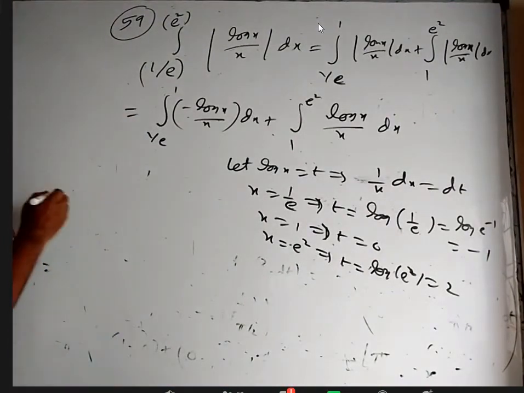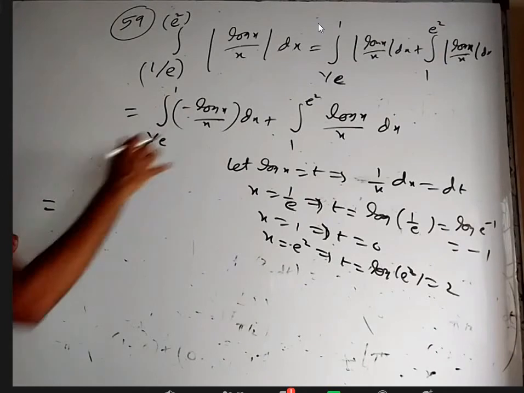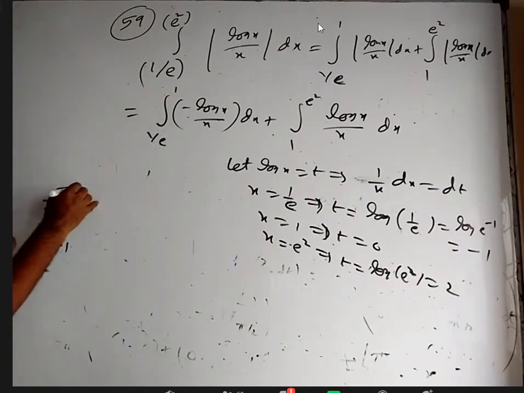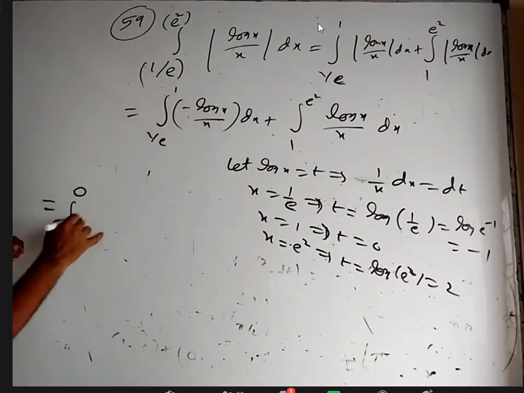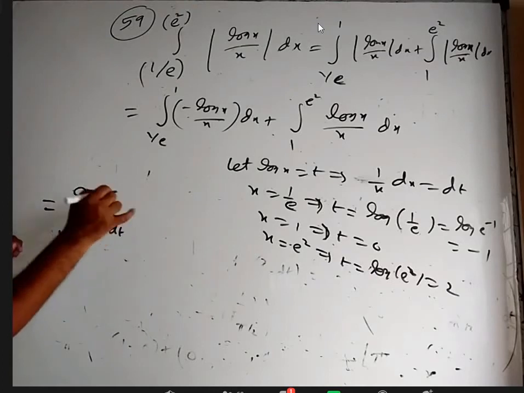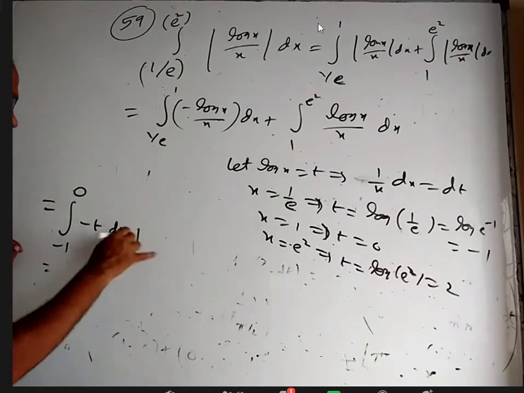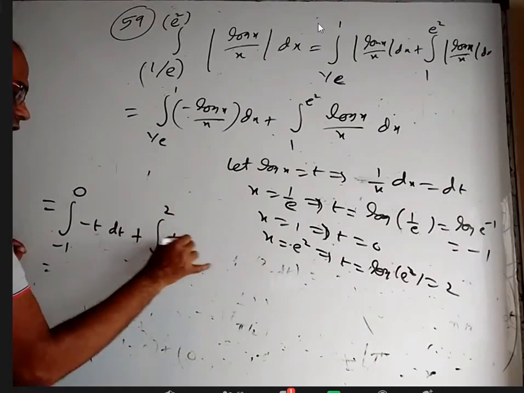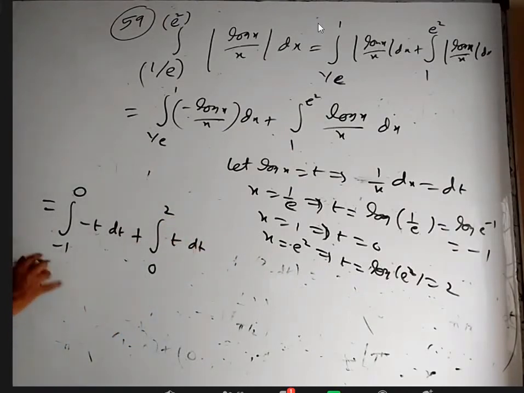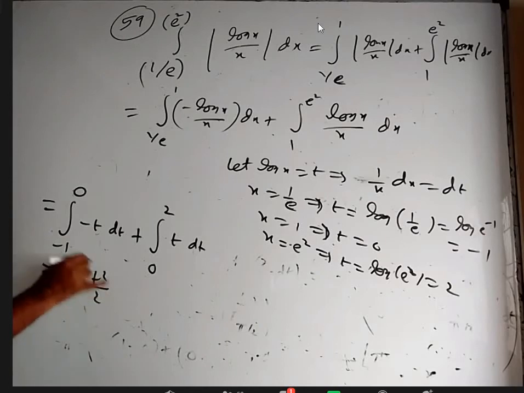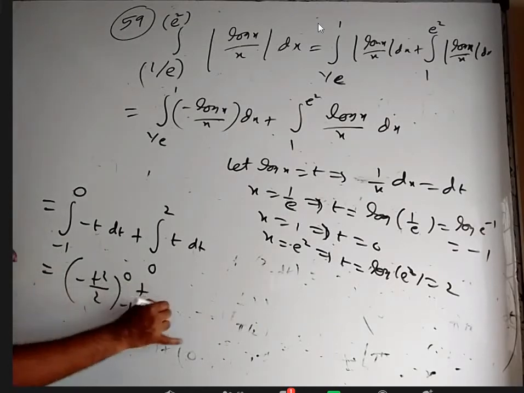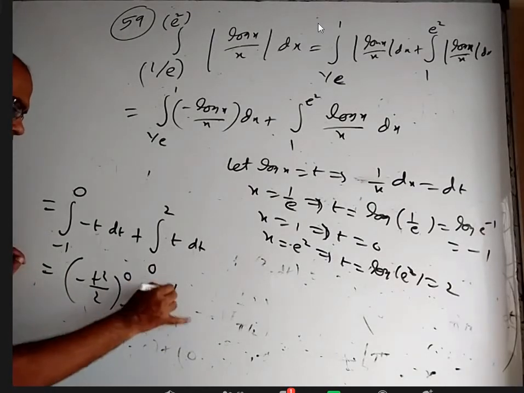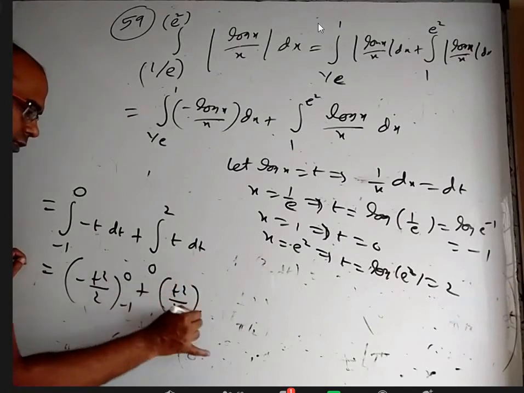Now coming to the present question. This lower limit will be minus 1, upper limit will be 0. It will be minus t dt. Second one, lower limit is 0, upper limit is 2, and t dt. We will get a minus t squared by 2, with limits minus 1 to 0, plus t squared by 2, with limits 0 to 2.